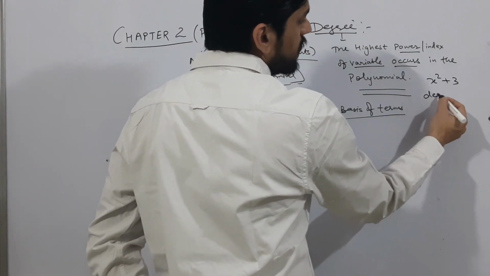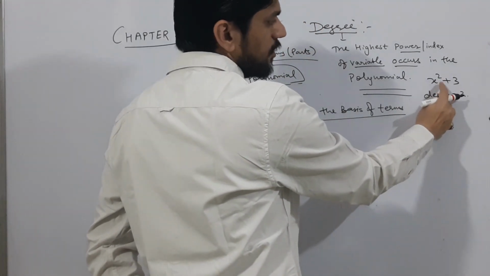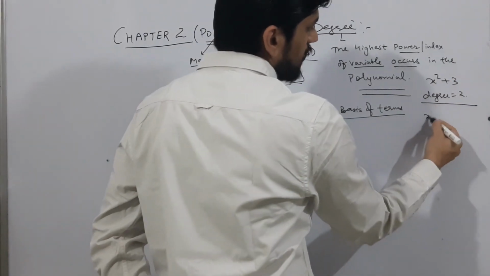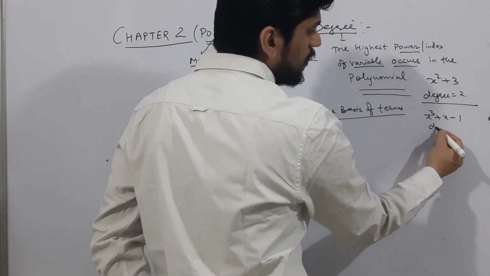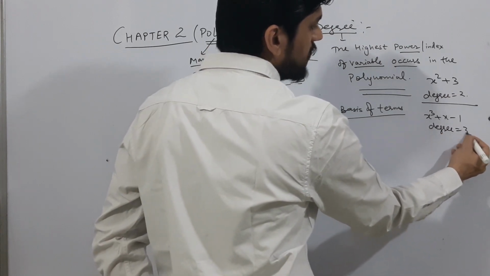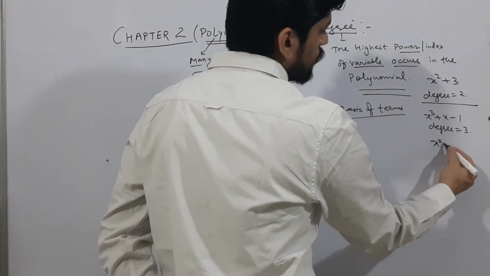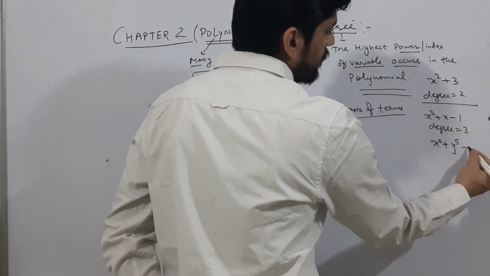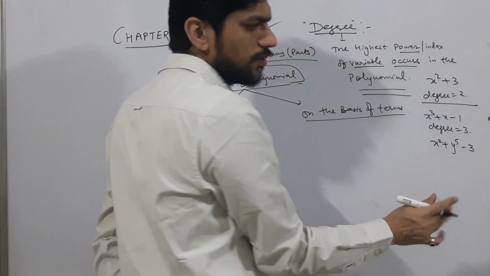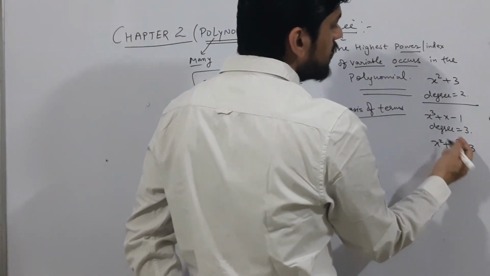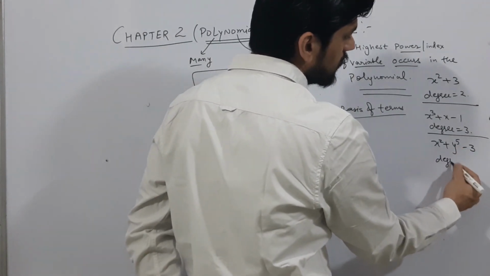What is the degree of this polynomial? It is 2 here, because the highest power is 2. Another example, take x cube plus x minus 1. It is another polynomial. The degree of this polynomial is 3, because the highest power of variable is 3. Another example, x square plus y^5 minus 3. So here there are two variables, no problem. You see the highest power of variable, it is y, whose power is 5. So the degree is 5.